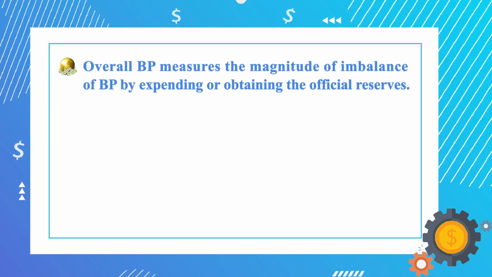Overall BP can reflect the influence on official reserves from the situation of the country's balance of payments. Or we can say that it mirrors the magnitude of imbalance of BP by expending or obtaining the official reserves.